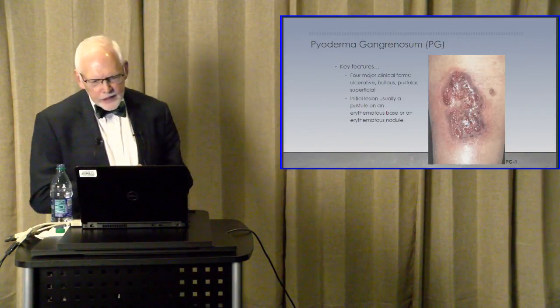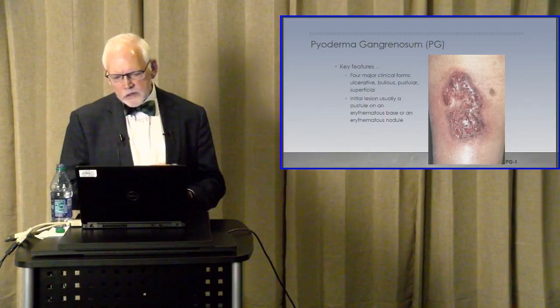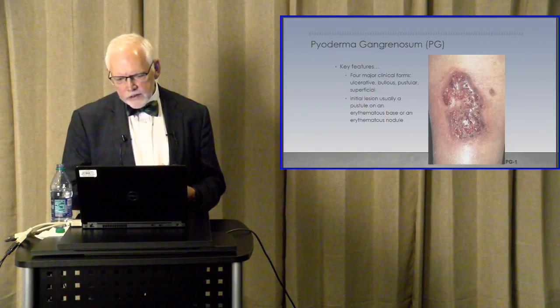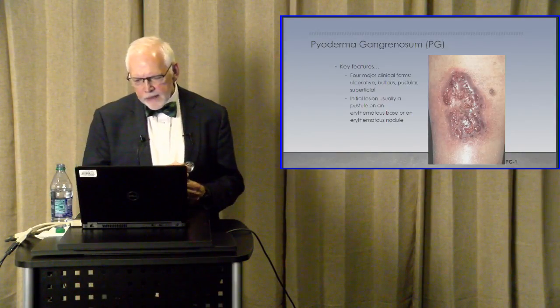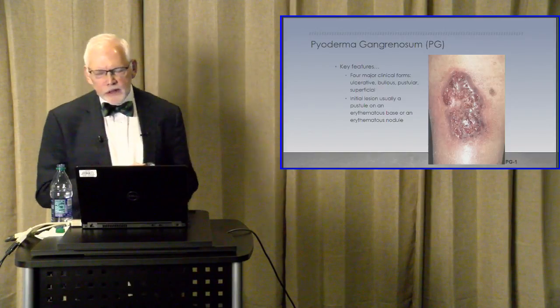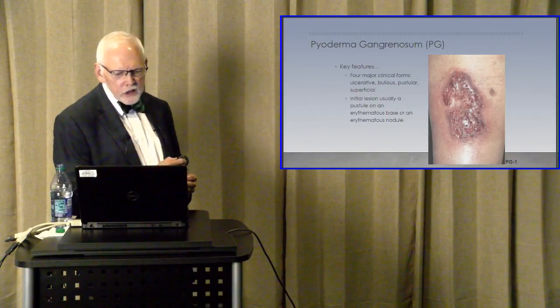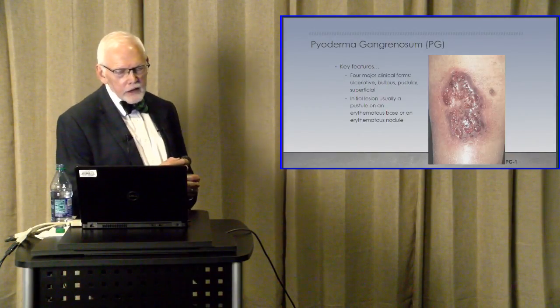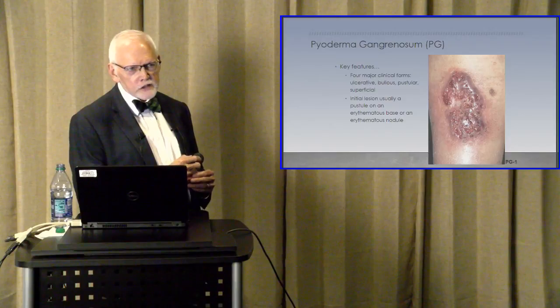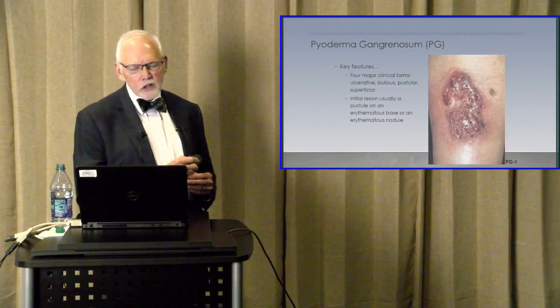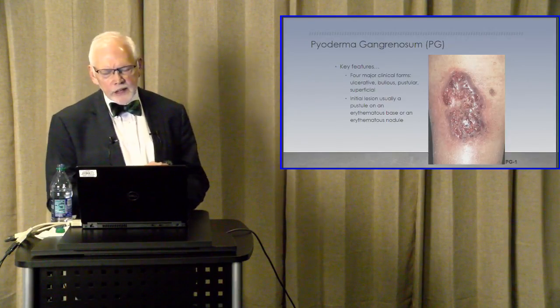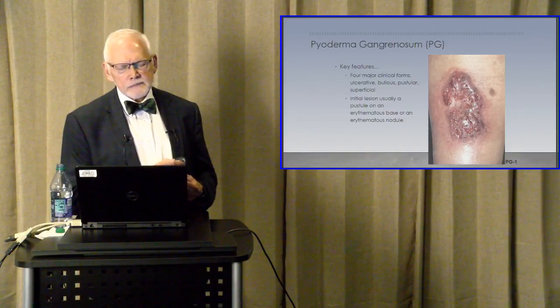This is, again, pyoderma gangrenosum, which I mentioned earlier. There are different clinical forms of it. It can look like a pustule initially. It demonstrates a property called pathergy, which means that if you debride this, it's going to make it bigger, and it's going to make it worse than if you just leave it alone. It's often associated with inflammatory problems like inflammatory bowel disease.